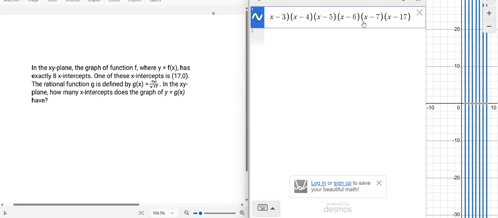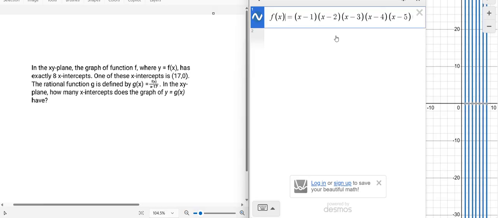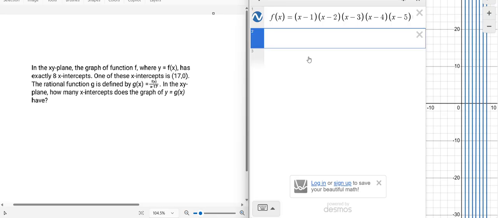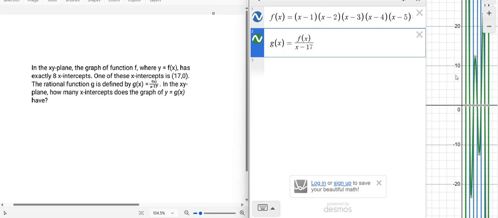Now what we'll do is consider this as f(x), as it is given that y equals f(x). So this is the f(x) graph, and now the rational function g is defined by g(x) equals f(x) upon x minus 17, and then it is asked how many x-intercepts g(x) has.